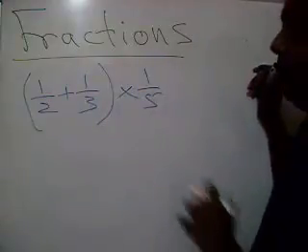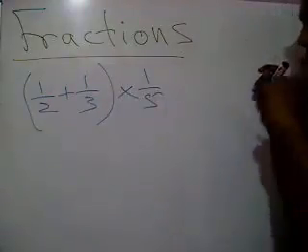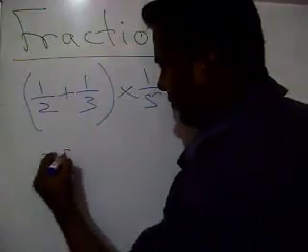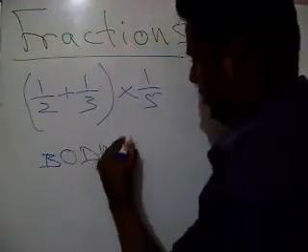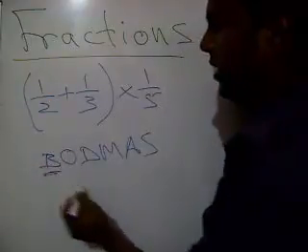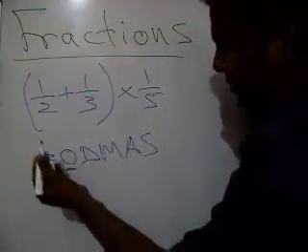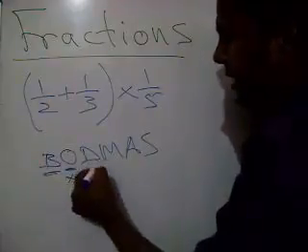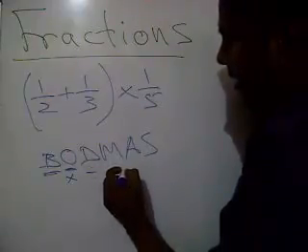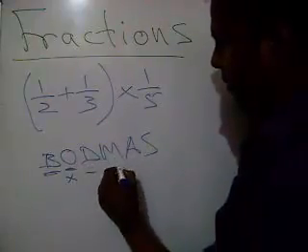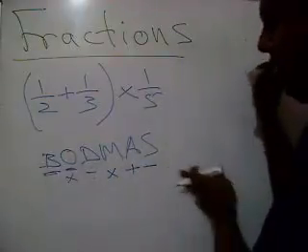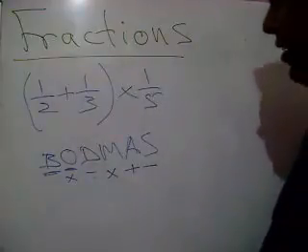So obviously you know the rule BODMAS. In any mathematical operation, first you have to take care of the brackets, then of, then division, multiplication, and addition, subtraction. This is the order we have to follow when we are doing mathematical operations.